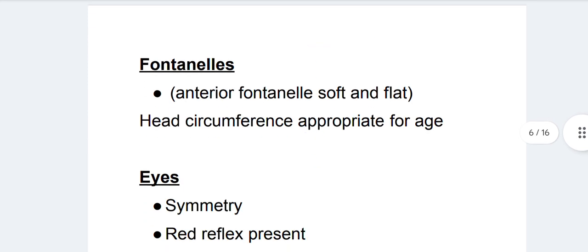And then we want to look at the fontanelles. The anterior fontanelle should be soft and flat. Okay, just like the head circumference, appropriate for the age. So these fontanelles should be soft and flat.